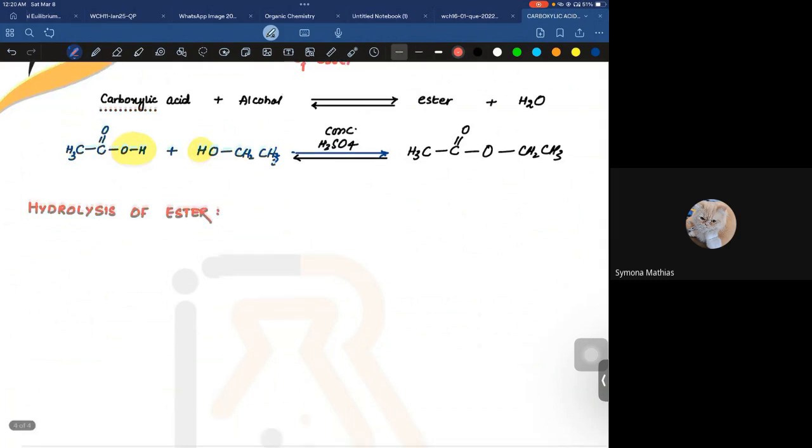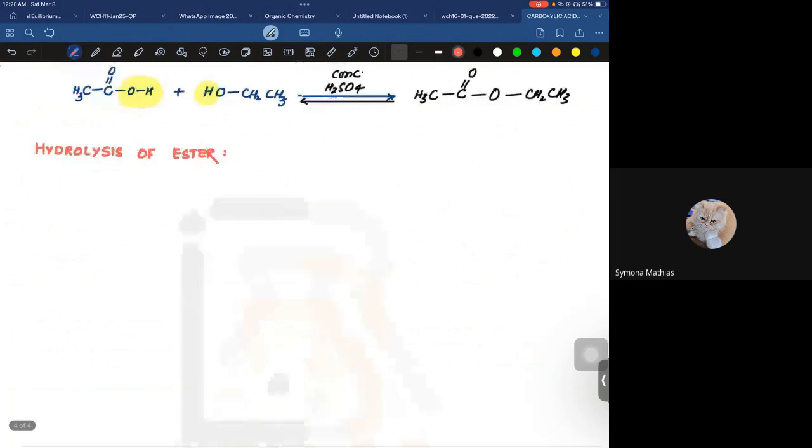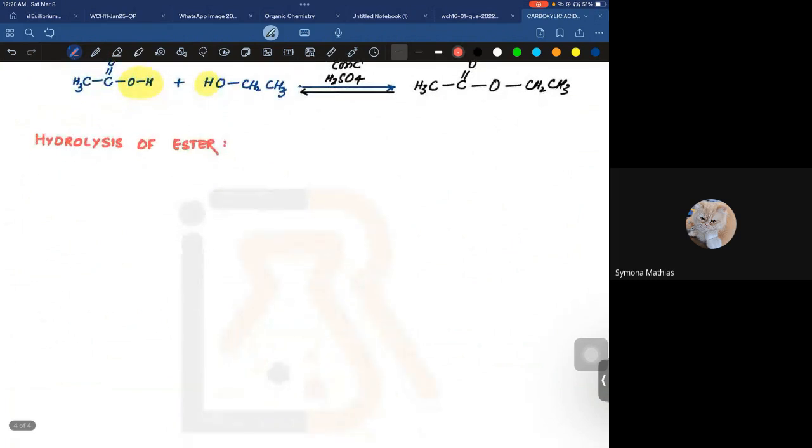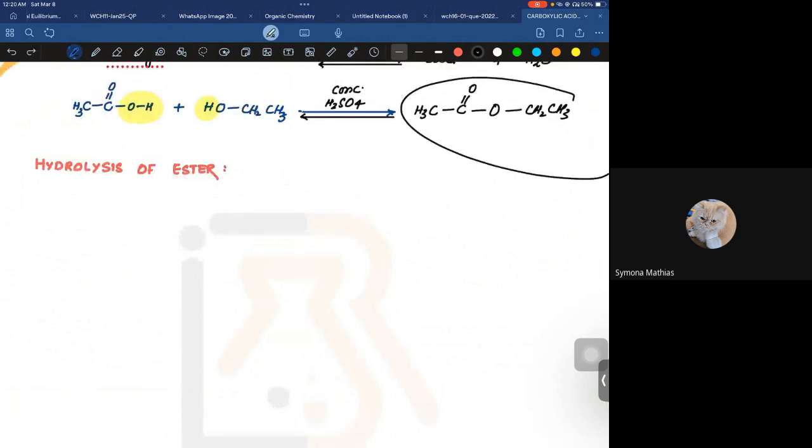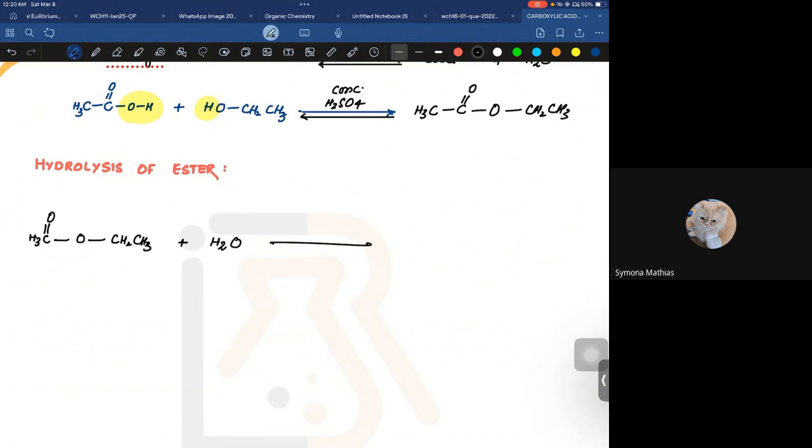Again, I would say that we have two types of hydrolysis, just like a nitrile, acidic and basic. I'm going to take this ester again. Let's suppose this is the ester. I'm reacting it with water. It would be breaking down just like that.